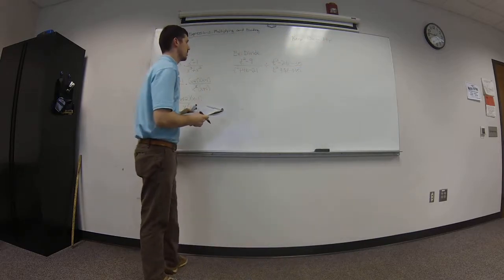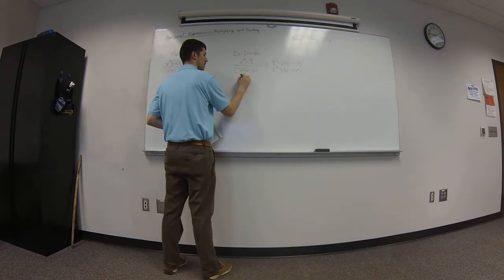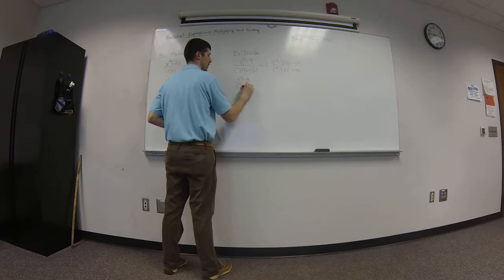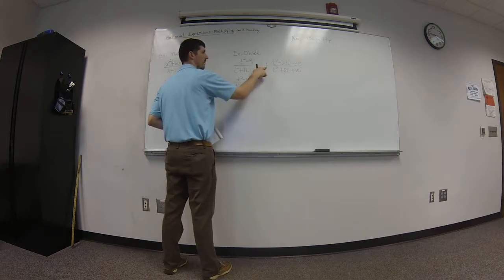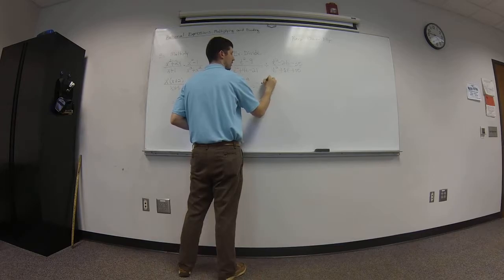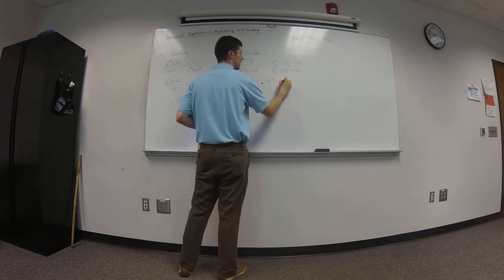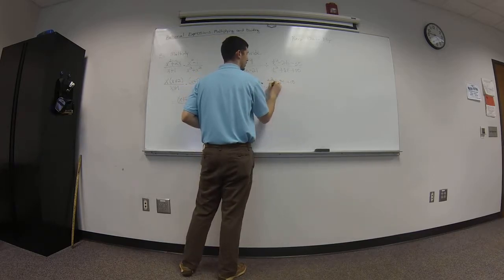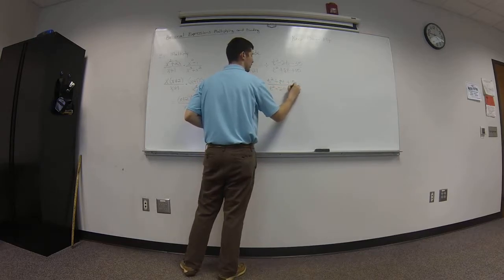So remember, what that tells me is I keep the first one the way it is. I change my division to multiplication, and then I flip my second fraction. So now it's t squared plus 8t plus 15 over t squared minus 2t minus 35.